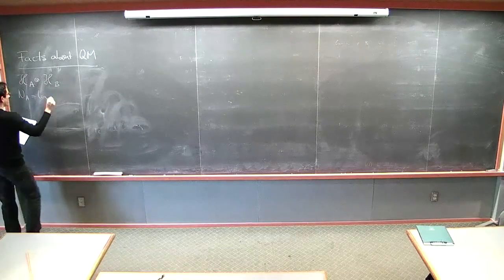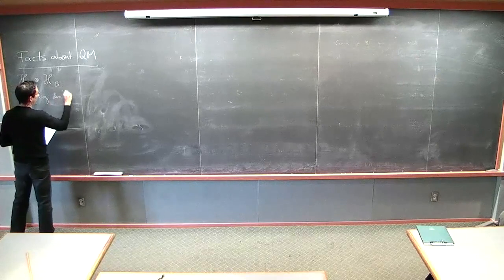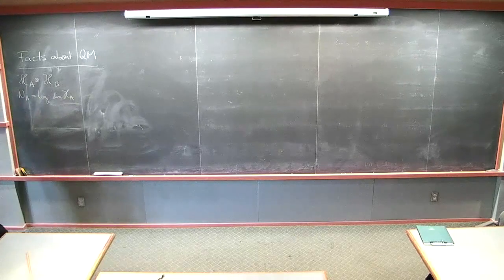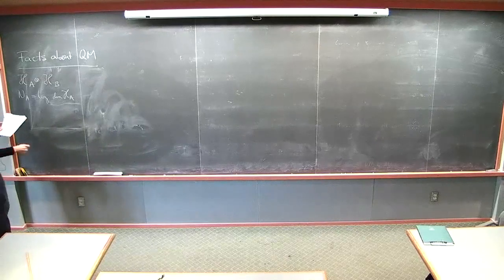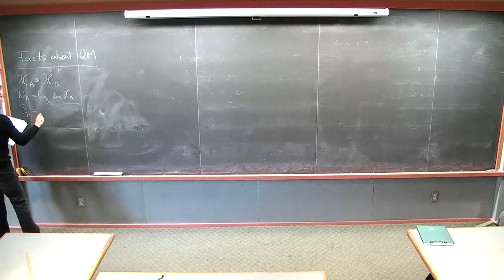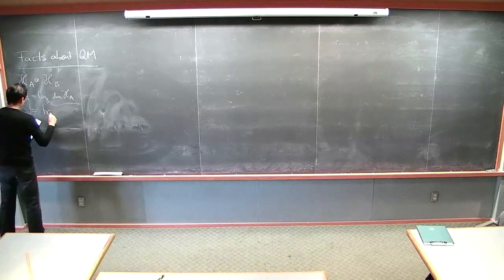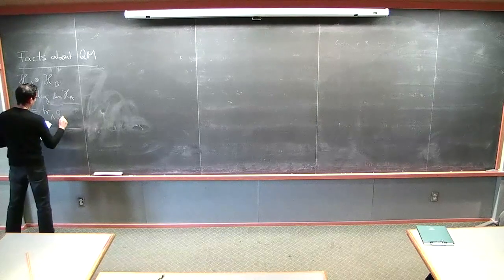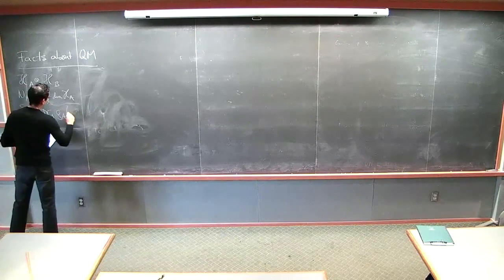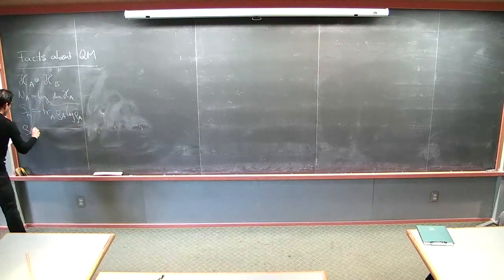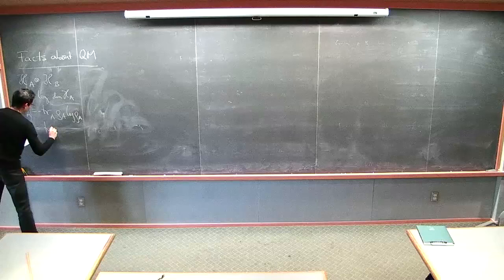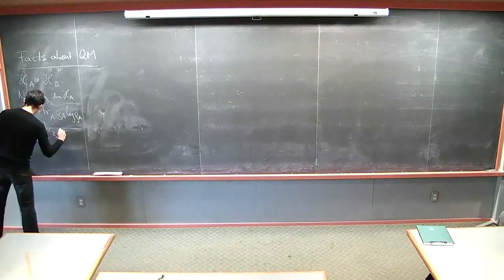I'm going to introduce notation of this type. N_A is the log of the dimension of the Hilbert space A, basically the number of degrees of freedom. S_A is going to be minus trace rho_A log rho_A, where rho_A is obtained from the larger system by a partial trace.